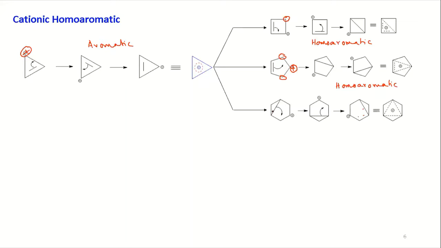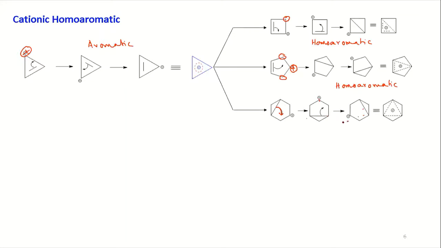The third one, you can have a 6-membered ring too, but there should be a 3-membered and 6-membered ring fused. So if you look at this, it can move here and be neutralized, and you have a positive charge here. Again it can move here, connecting these centers, so you have a positive charge here.